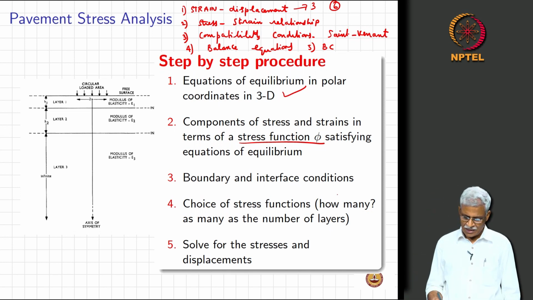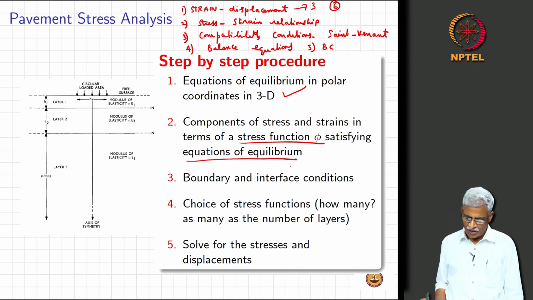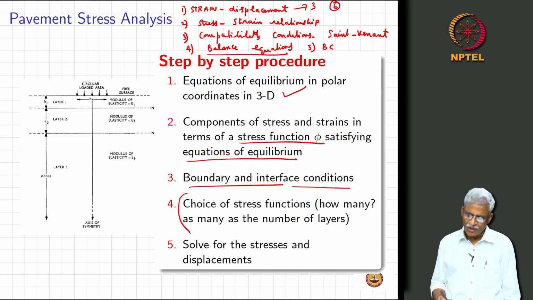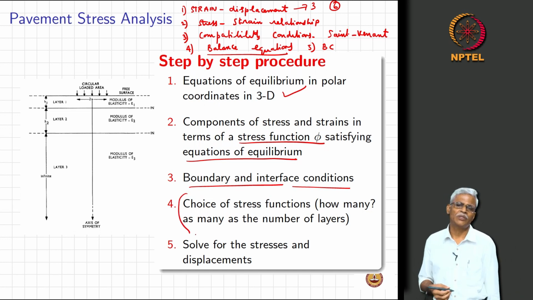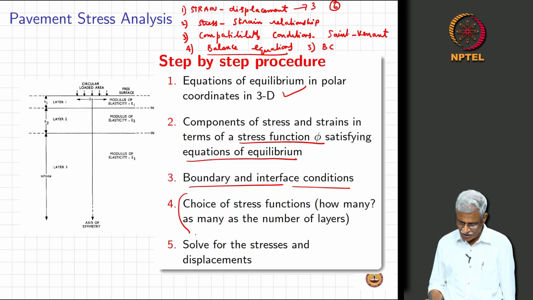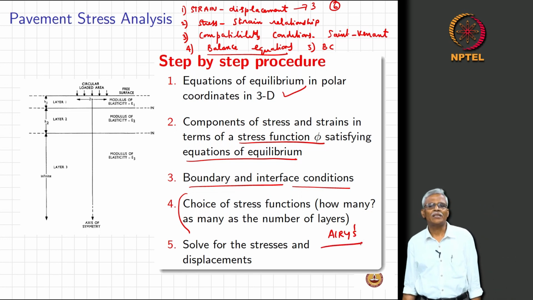Components of stress and strain in terms of a stress function that satisfies the equilibrium equation, which is what I wrote here as balance equations, boundary and interface conditions, choice of stress functions, how many stress functions, how many layers are there. One simplest example is what is really called the Airy's stress function.